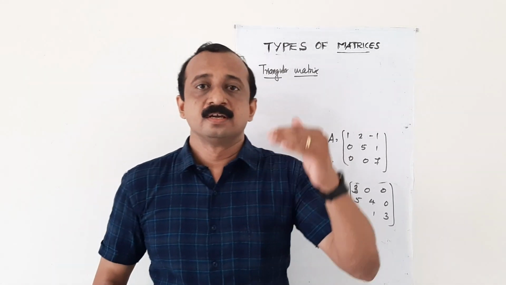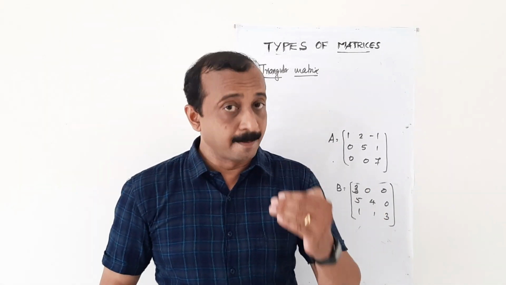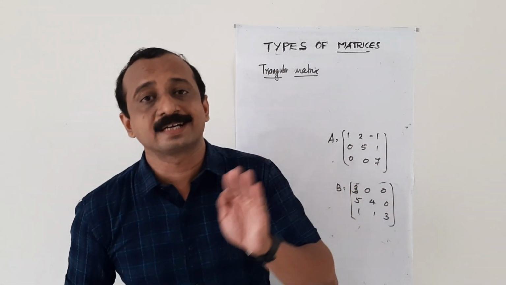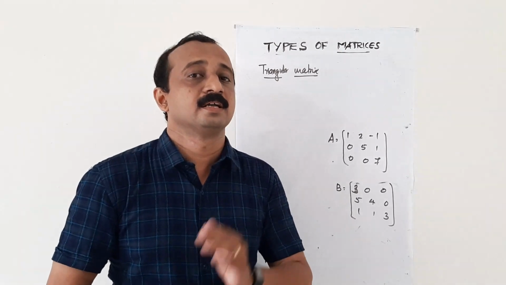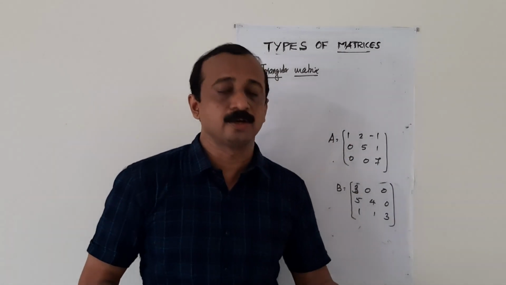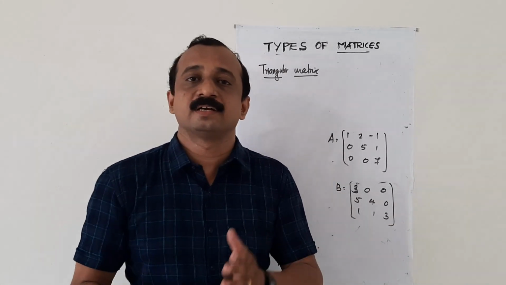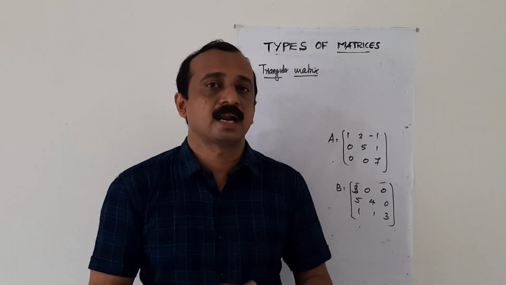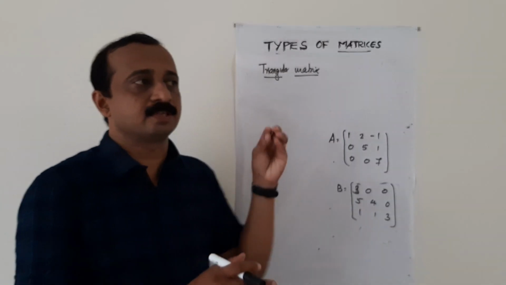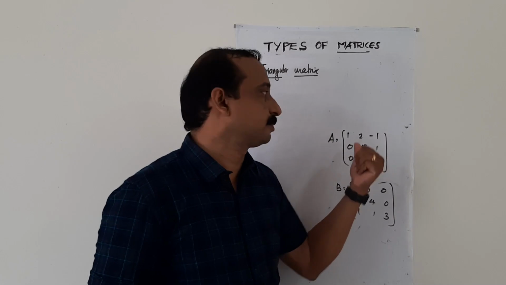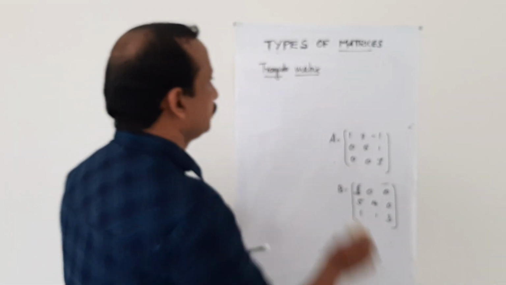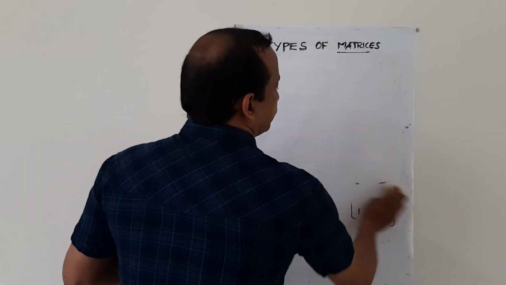A matrix which is either upper triangular or lower triangular is called a triangular matrix. That's all, that's very important. Just apply the properties using the matrix idea. Now that's all the main types of matrices.